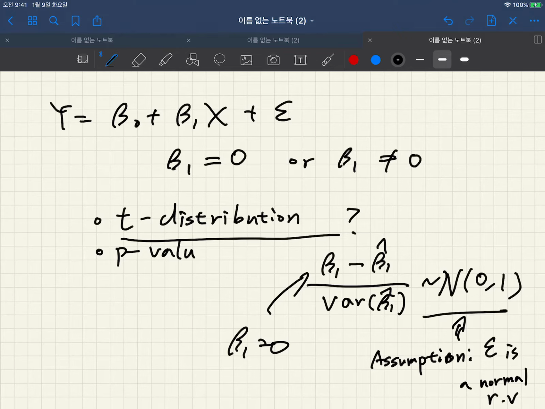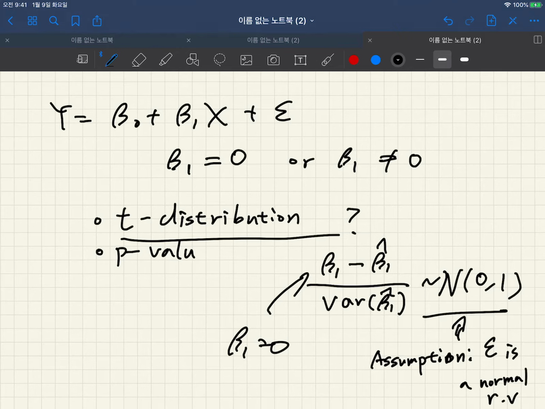When beta 1 is really 0, this is the probability that the current value of beta 1 hat appears. When you put beta 1 equal to 0 in this equation, you can understand the probability of the current event.